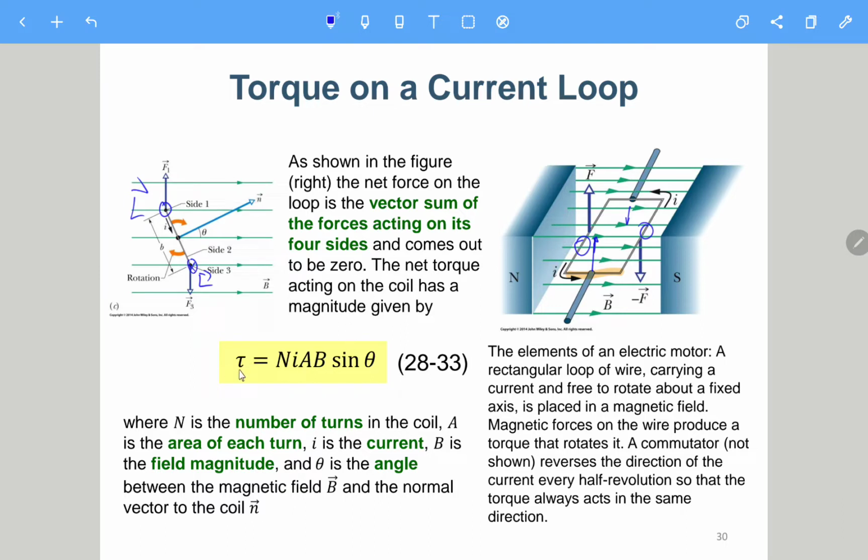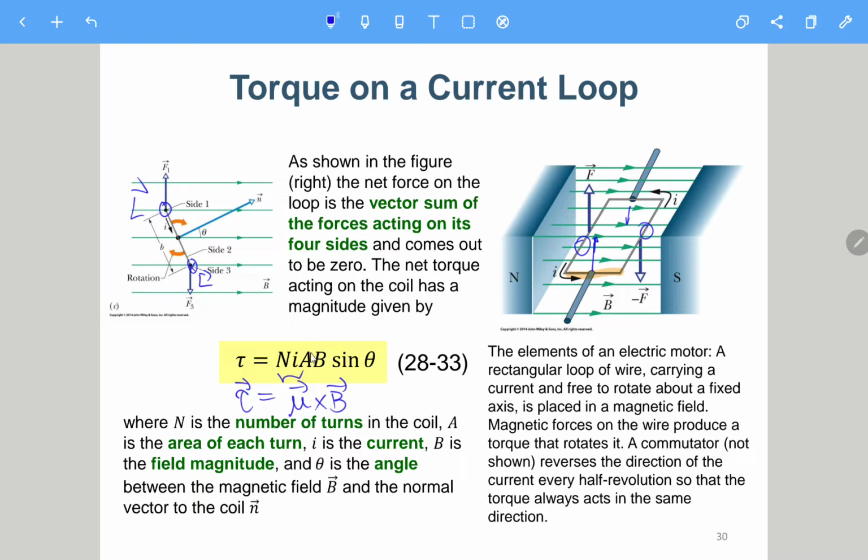Here the torque, suppose it is rotating, is given by this equation, N I A B sine theta, or we can write it in vector form as mu cross B. So NIA is the mu, which is called the magnetic dipole moment.